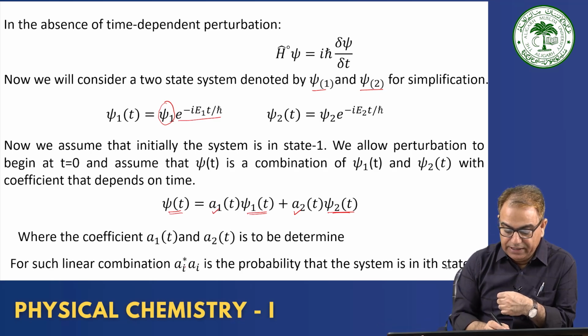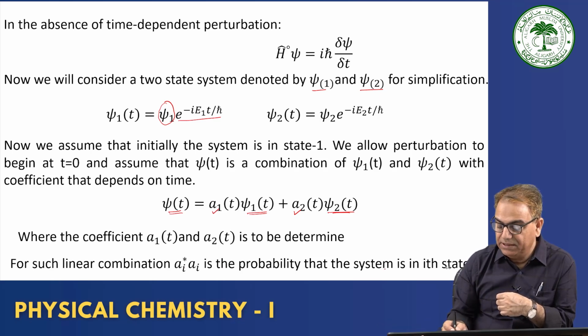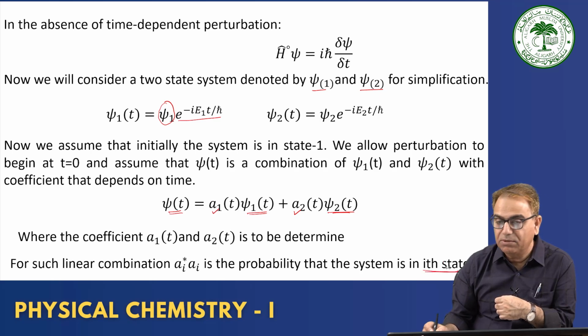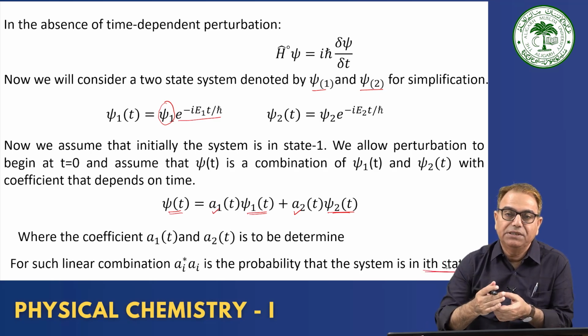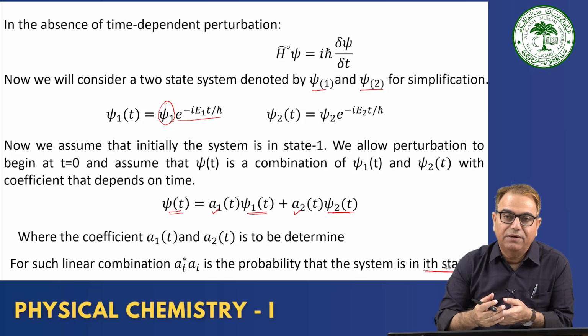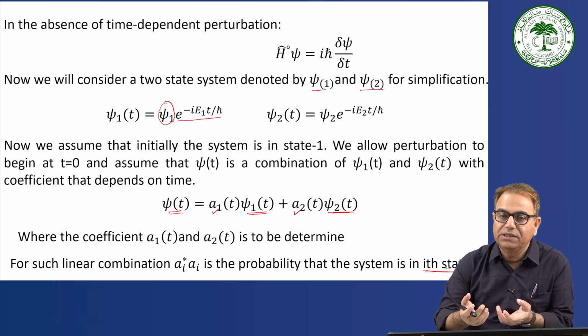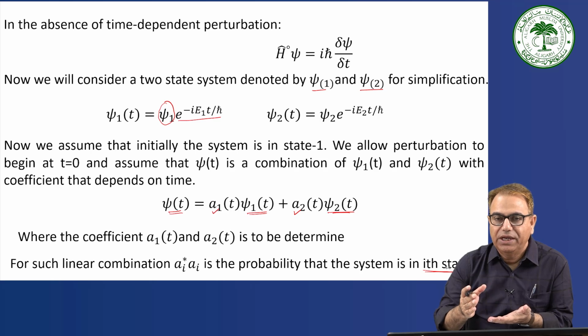If we take these coefficients a1 and a2, then ai star ai is the probability that the system is in the ith state. If you want to calculate whether the system is in psi 1 state or psi 2 state, you need to square these wave functions. So the probability of the first state is a1 into a1 star.